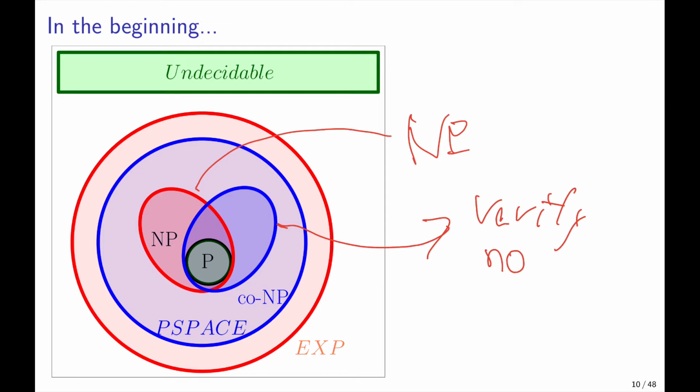Those concepts are very weird. Don't worry if you don't currently understand what I'm talking about. Hopefully we will get to the details and it will become clearer later on. But the important thing to know is that a lot of natural problems like independent set and clique are in NP.